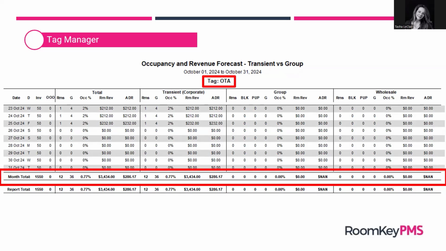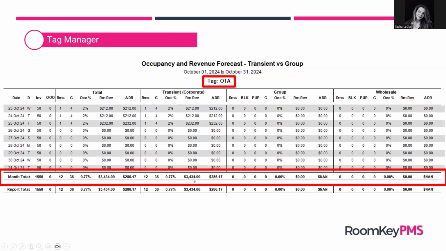It still shows me the total information, but this is the total for this filtered report. This shows me the business for my corporate accounts, all of my OTA for the month of October. What I'm expected to accommodate is a total of 12 room nights.